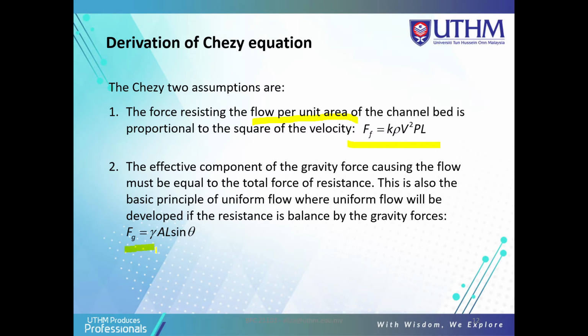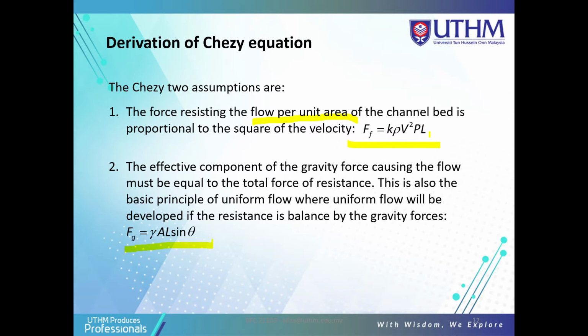This is just for the assumption, from which we get the formula V is equal to C times the square root of R times S naught. That's the real equation that you must use in the calculation. There's no need to remember the derivation; it is just for the theory.